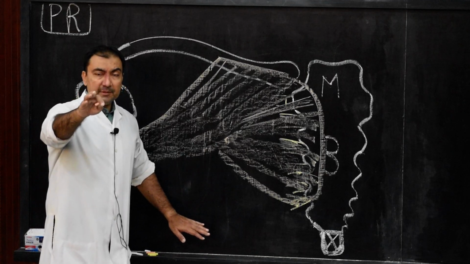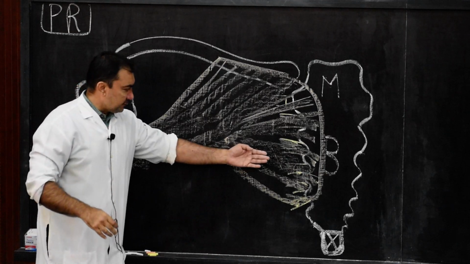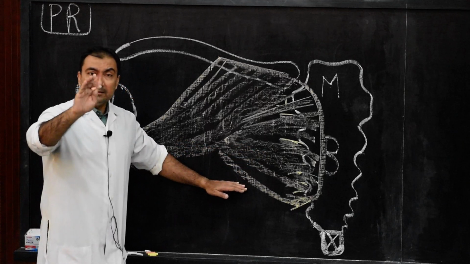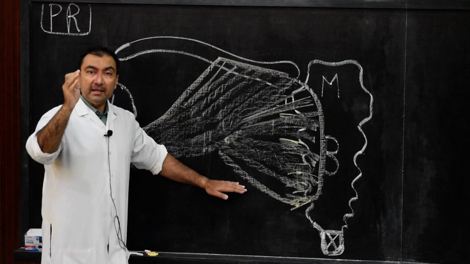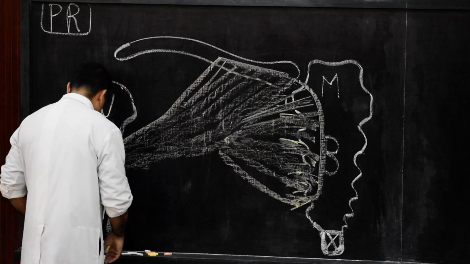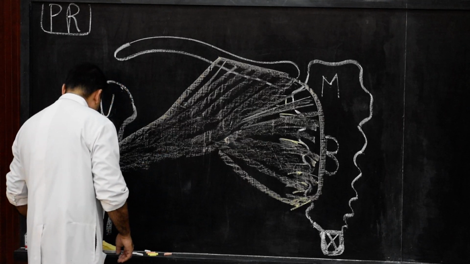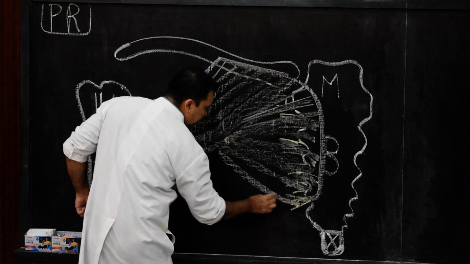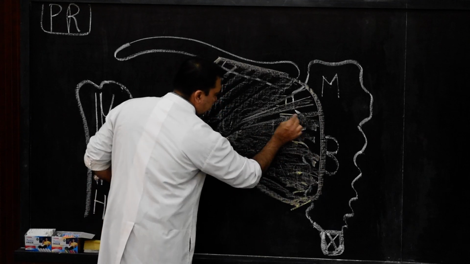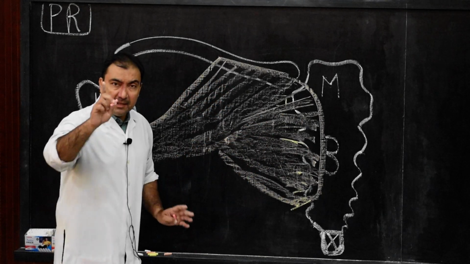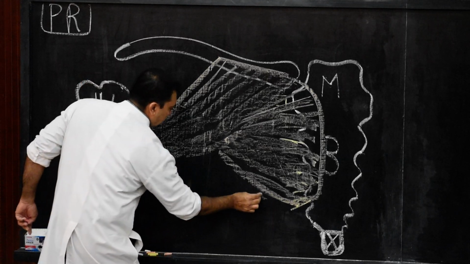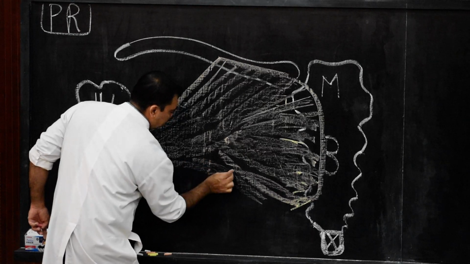Now if I draw the posterior lamina, I will use a slightly different color. It will be the remaining sternocostal fibers, lying deep to the anterior lamina, and the fibers from the aponeurosis of the external oblique muscle. So these are the fibers of the posterior lamina.